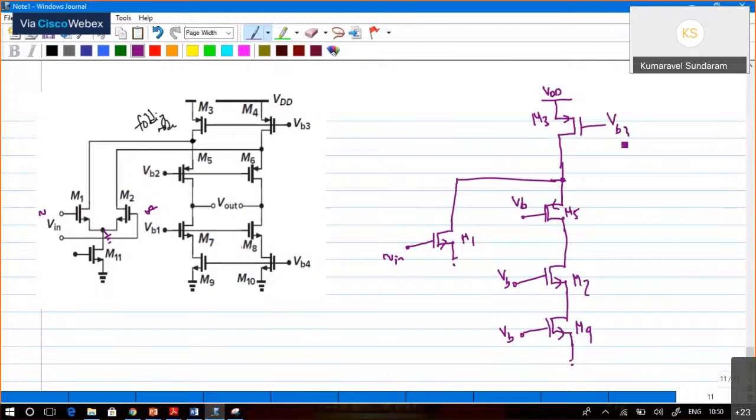So let's name this BB3, BB1, and BB4. Here you are going to take Vout. Okay. So now for the small signal, what will we be doing?